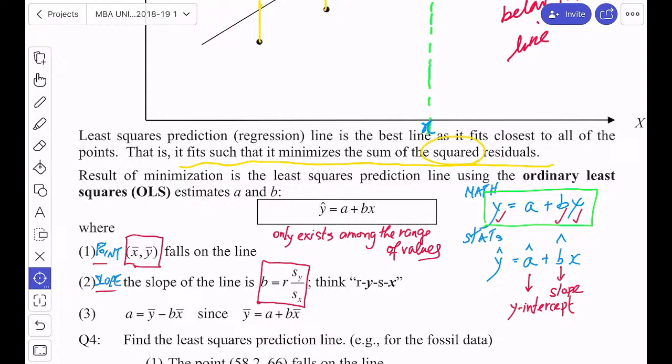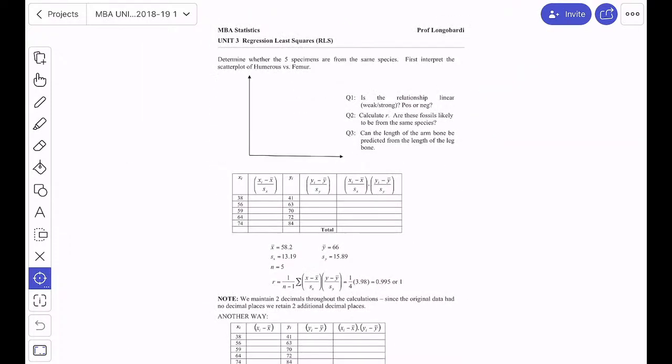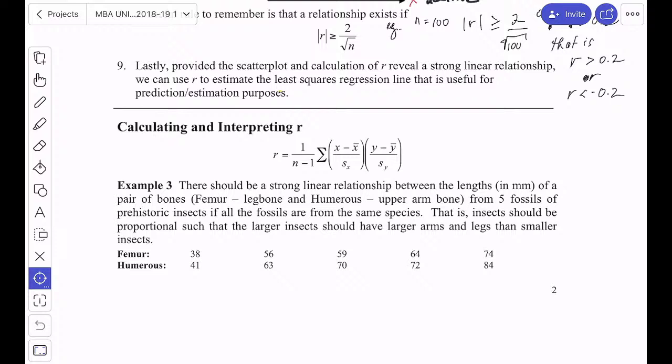Let's go back to the data set where I left you that data set, and I asked you to practice calculating the regression coefficient for the data. So let's go back there. This is the data for the arm bone and leg bone measures for insect fossils.